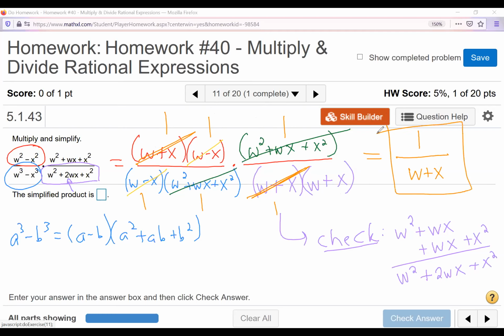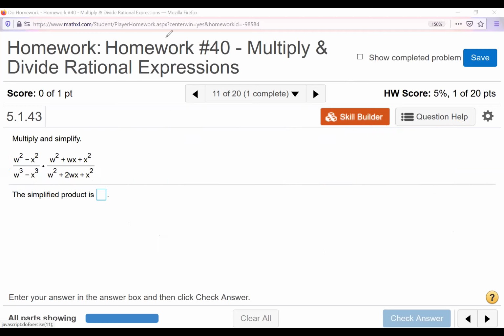And that is our final answer. So it's 1 over w plus x. After all that work, sometimes students are confused and just think, oh, the only thing that's left is w plus x, so I'll just type in w plus x, and that would be incorrect. It's 1 over w plus x.